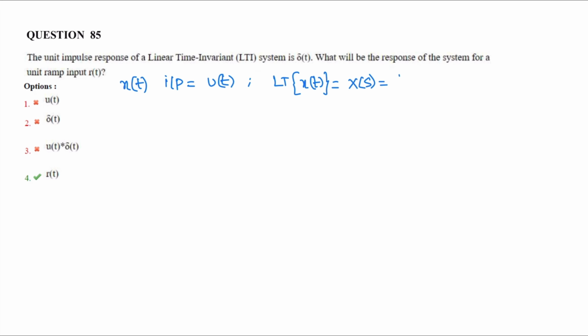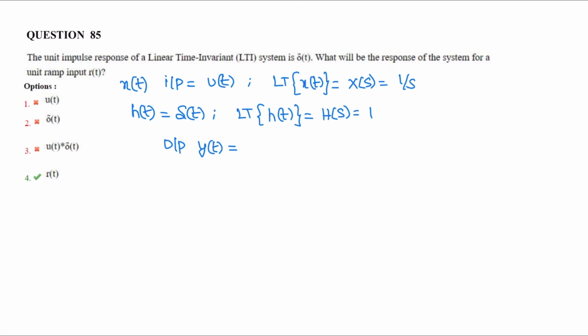X of s is Laplace transform of u of t, that is 1 by s. And the impulse response h of t is delta of t. Laplace transform of impulse response h of t is transfer function h of s, that is Laplace transform of delta of t is 1.